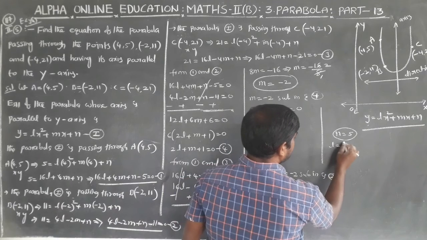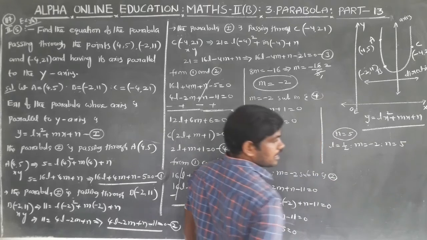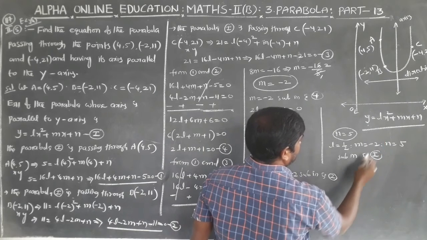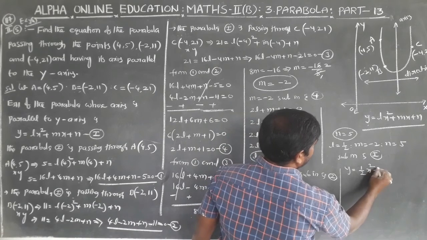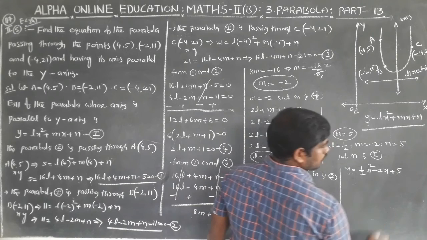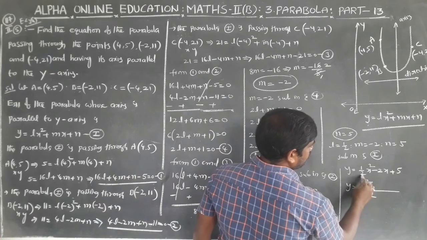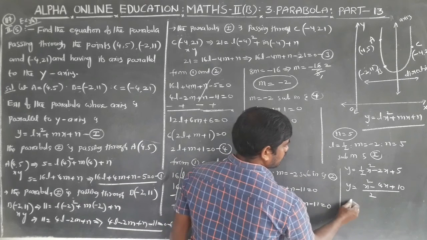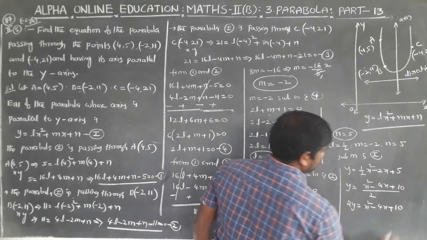Therefore, L is equal to 1 by 2, M is equal to minus 2, N is equal to 5. Substitute in equation number 1. Y is equal to L (1 by 2) x square plus M (minus 2) x plus N (5). Taking LCM 2, 2y is equal to x square minus 4x plus 10.